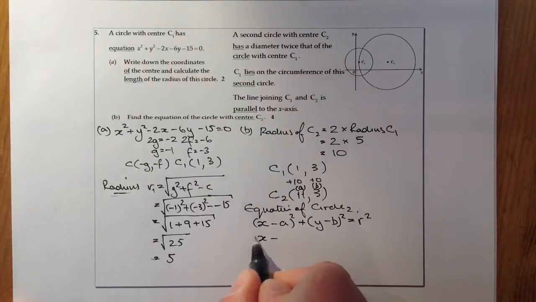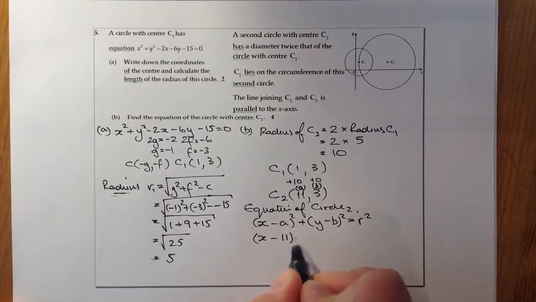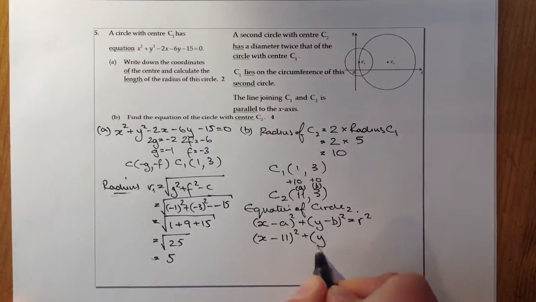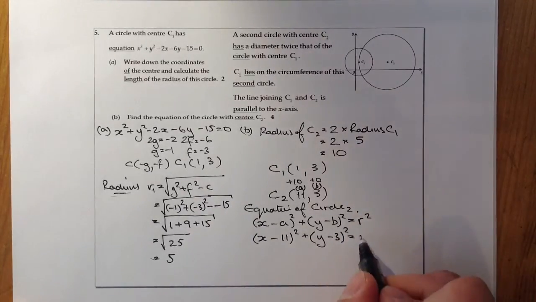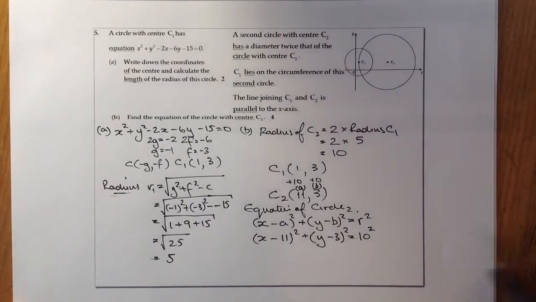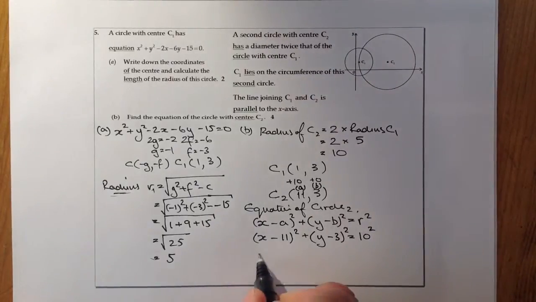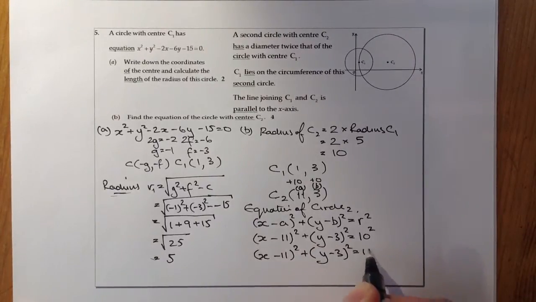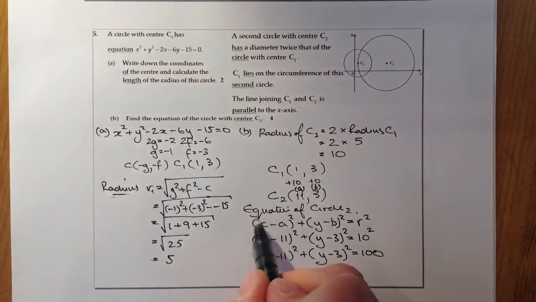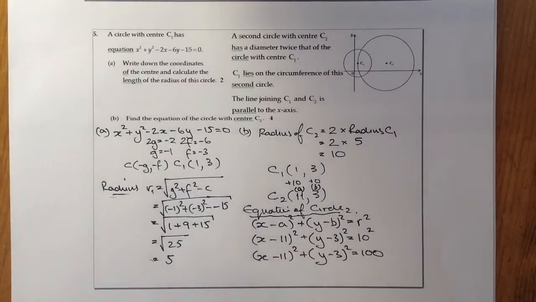So (x minus 11) squared plus (y minus 3) squared. And I know that the radius is 10, so it's going to be 10 squared, and to make sure that I gather that mark, I must square that last part out. And that's it complete. That's the equation of circle 2.